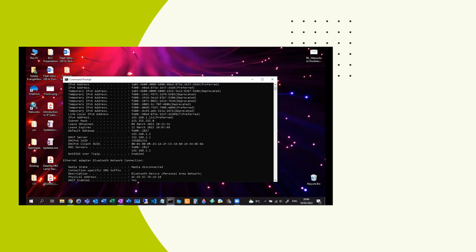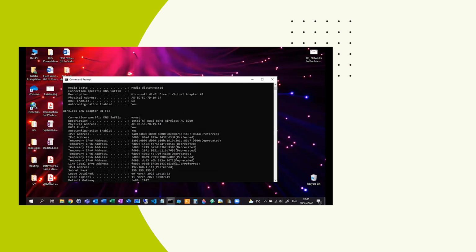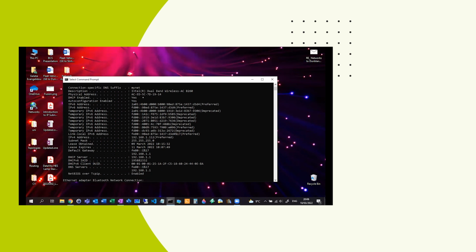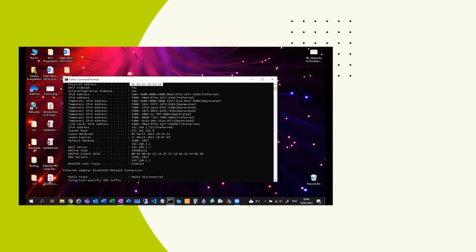Don't be scared from all of these numbers. What we need, so I'm connected to the wireless network, as you see here. So my Wi-Fi, my wireless network adapter, at this moment, can you see, this is my MAC address, and this is IPv6, so don't get scared by all these numbers here.